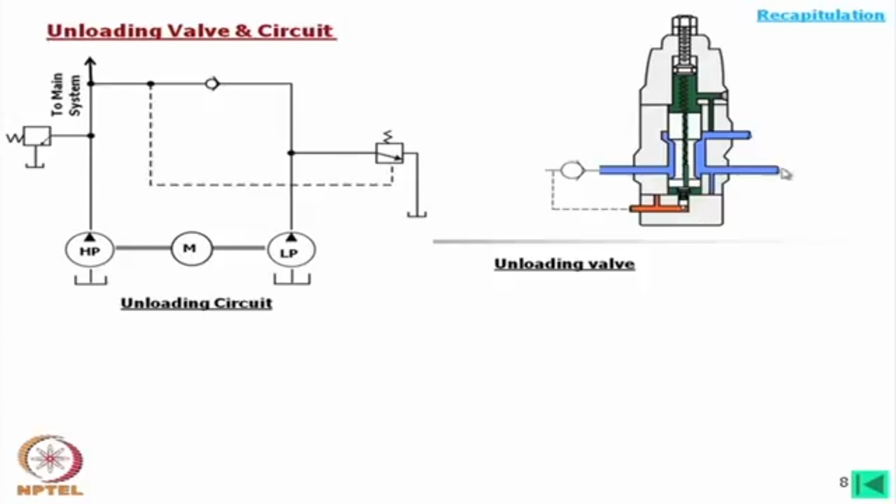So, this you can compare with this low pressure high flow pump connection. This side is from the main loading system and this is the control pressure and this is the spool. Normally this remains closed. When this pressure exceeds some limit, then this opens and oil goes back to the tank. Okay.